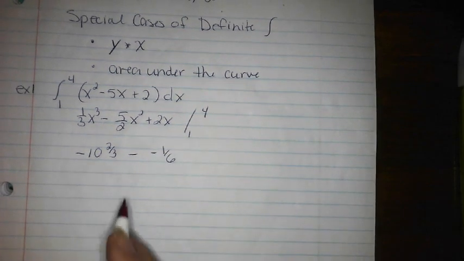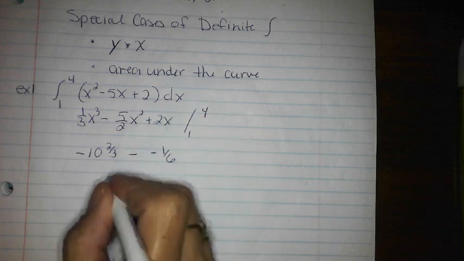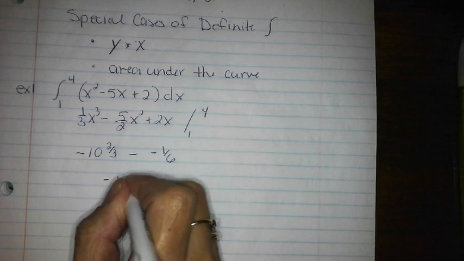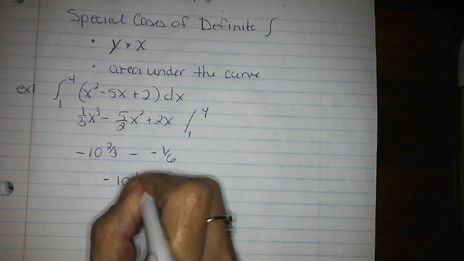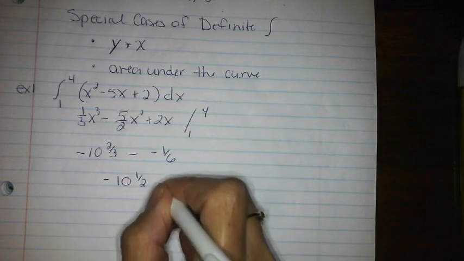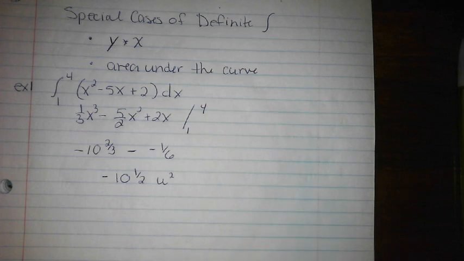You can see what's happening. We change this to plus a positive. This will become negative 10.5. And that's supposed to be our area. Negative 10.5 square units. How can that possibly make sense?